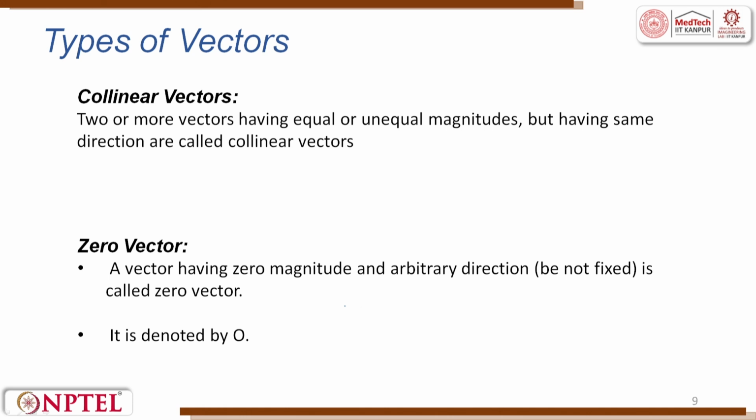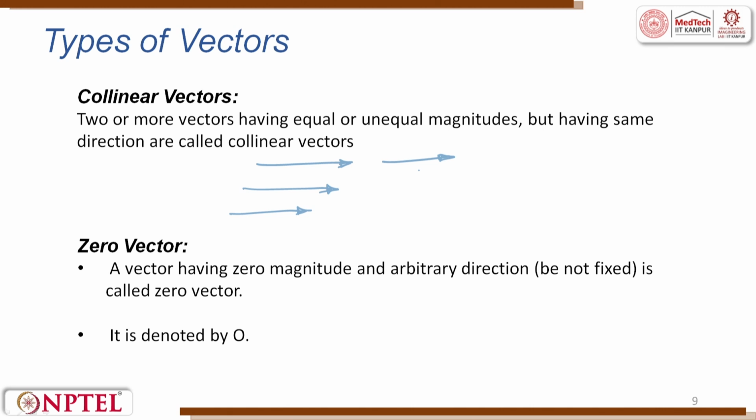You also have collinear vector and zero vector. Let us look at collinear vectors. Two or more vectors having equal or unequal magnitudes, but having the same direction are called collinear vectors. For example, it can be this way, this way, so these are called collinear vectors.